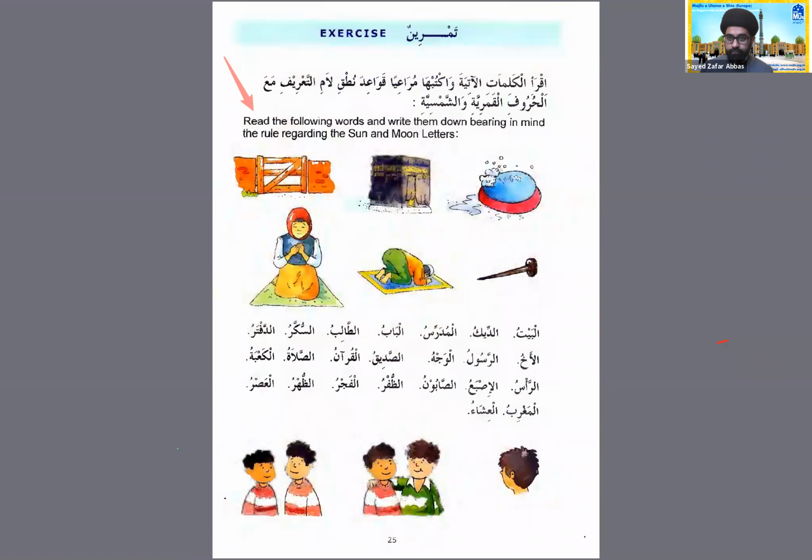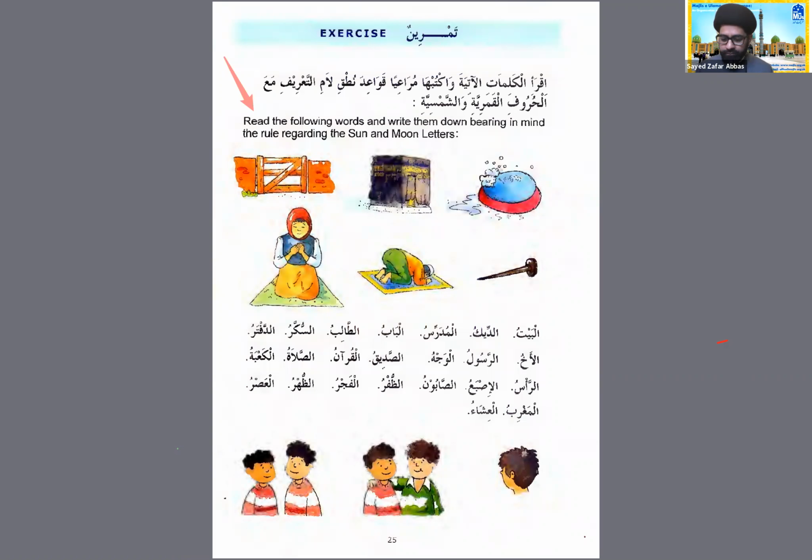Thank you. So here you have an exercise, which inshallah I will ask you to go through for the homework, and then inshallah next week I'll ask you to go through this exercise.